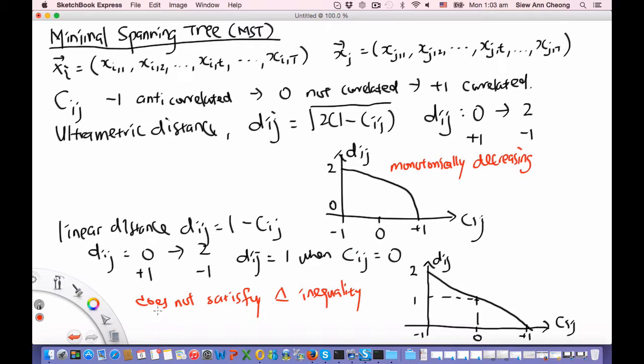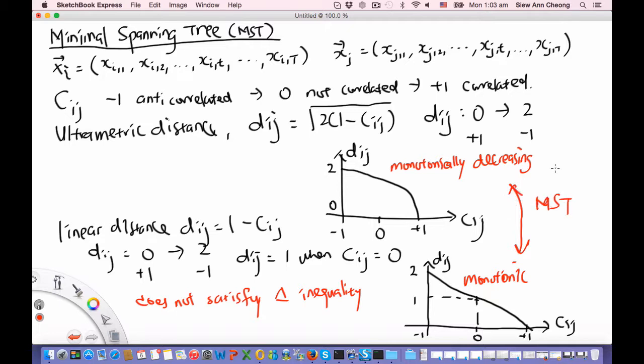But for the purpose of constructing the MST, we do not need a distance measure that satisfies the triangle inequality. More importantly, the ultrametric distance is a monotonically decreasing function of Cij, and so is the linear distance. So monotonic, which means that the two MSTs that are constructed this way would be the same.